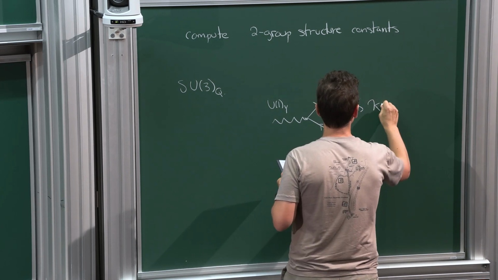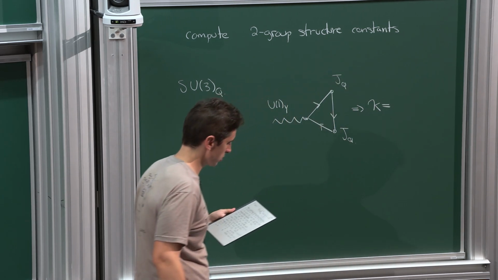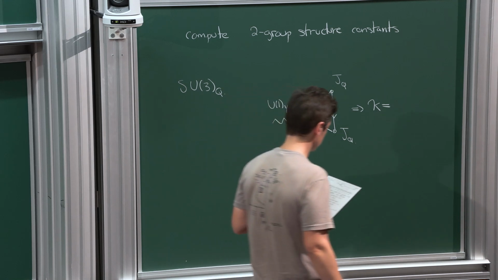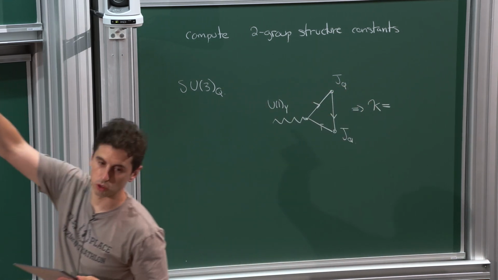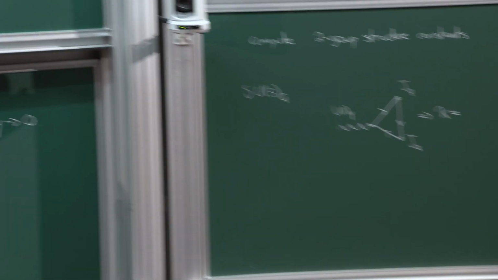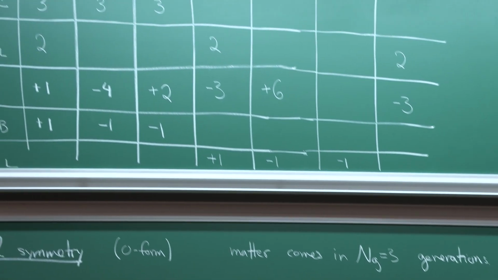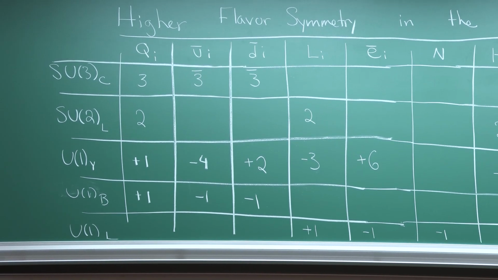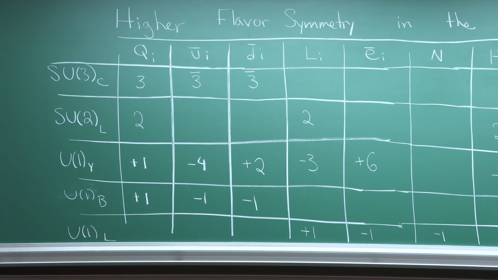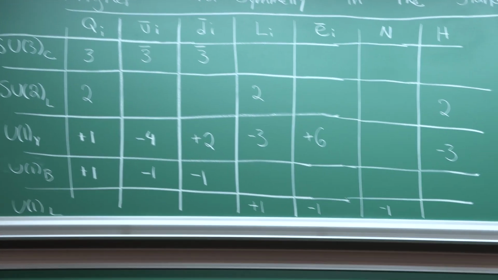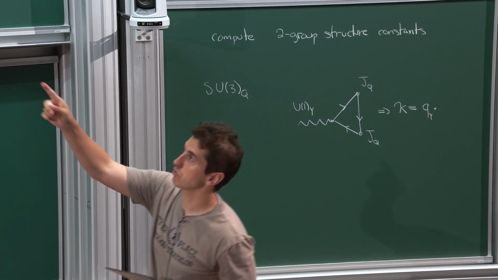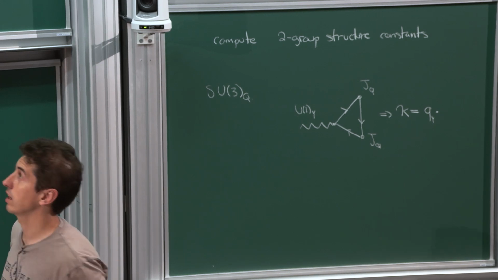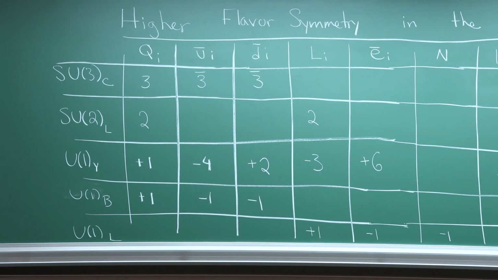So what is the kappa? We're just supposed to sum over the charges. This SU(3)_Q acts only on Q, so it's pretty easy. We just have to take into account the charges of Q, nobody else. So we've got whatever its hypercharge is, and then we've got how many there are. SU(3) color and SU(2) just tell us how many copies there are. So there's six copies of this field.